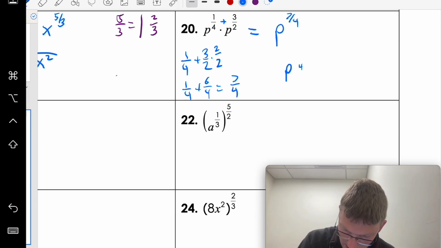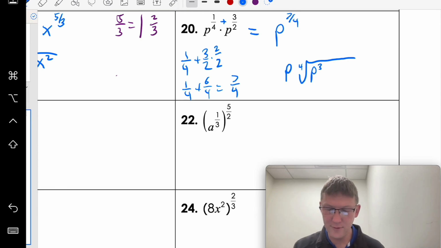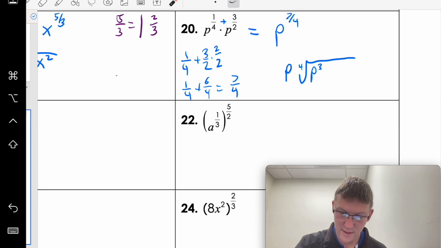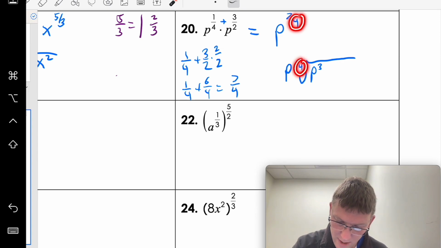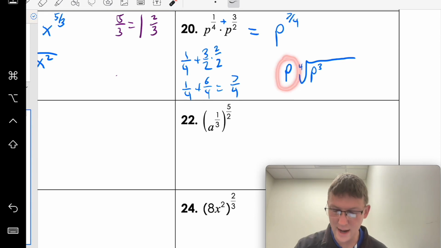We're going to be taking the 4th root of p, and we'll have 3 left over after we take out that 4. So again, our denominator went to our radical sign. Our numerator went to our exponent, and that number got reduced because we pulled 1 out.